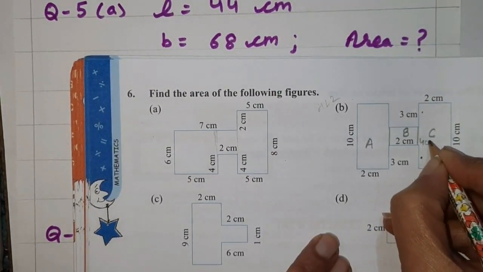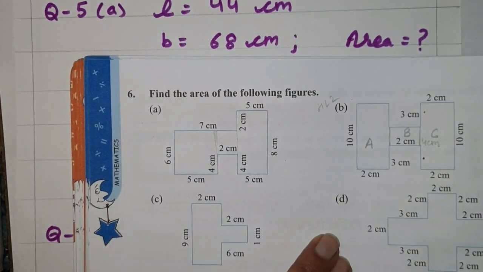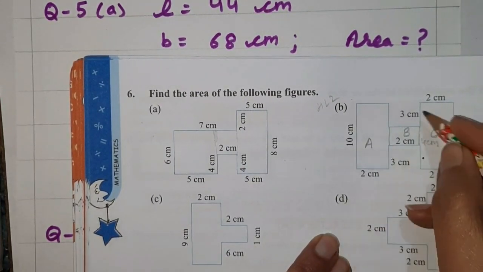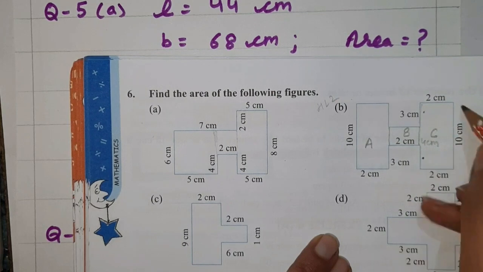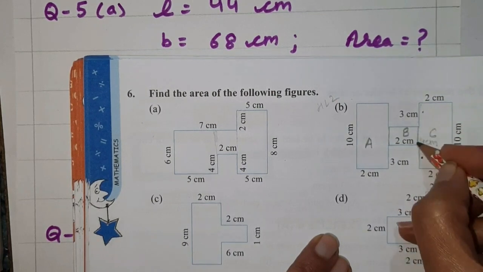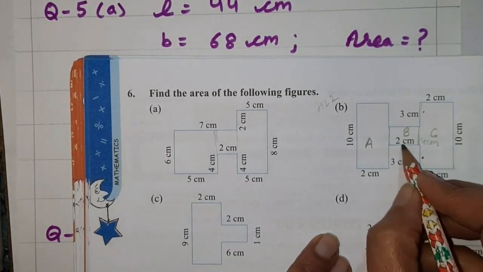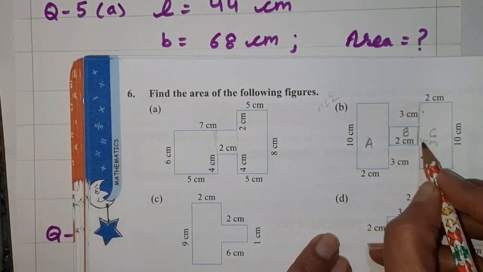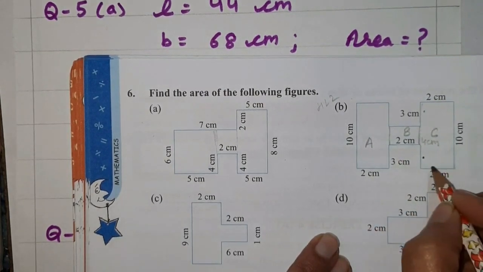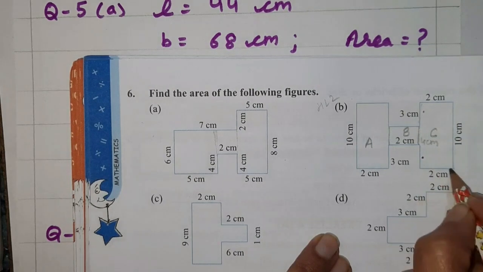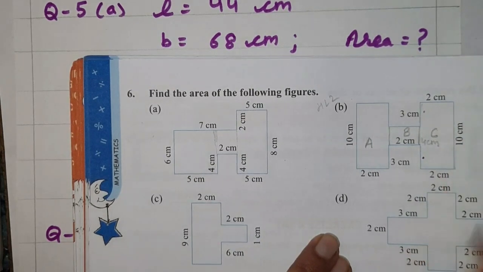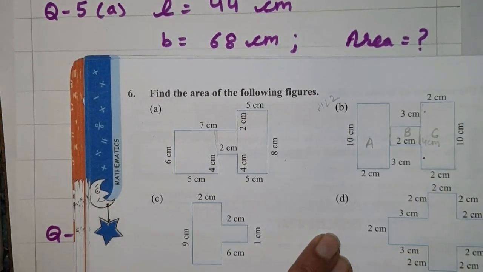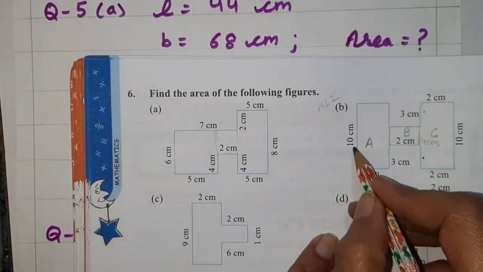You have to calculate it yourself. 2 centimeter is given, 3 and 3, 6. Total is 10. So 4 is left here. So in rectangle B, length is 2 centimeter, breadth is 4 centimeter. And in third rectangle, length is taken 2 centimeter, breadth is taken 10 centimeter. It is in standing form. That's why length is less, breadth is more.